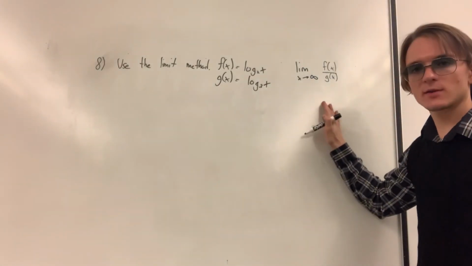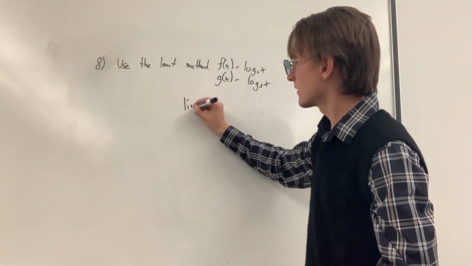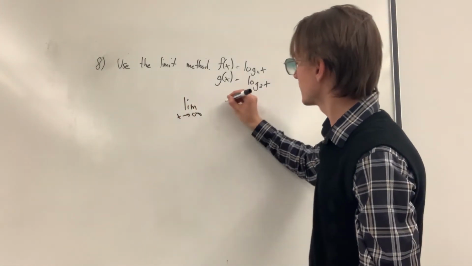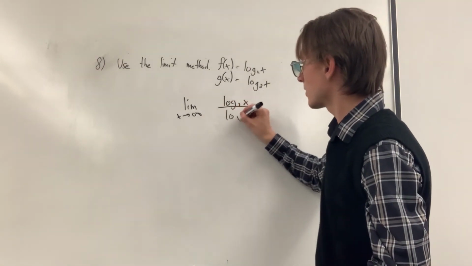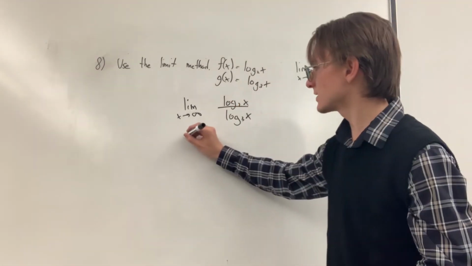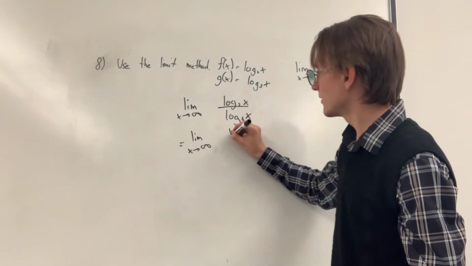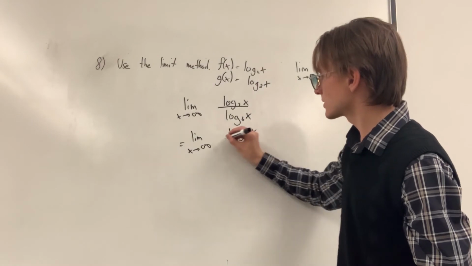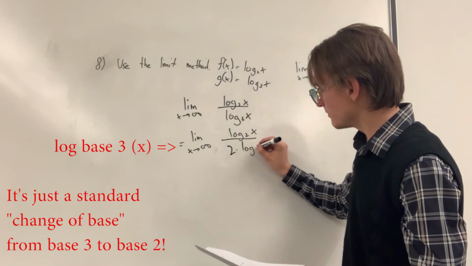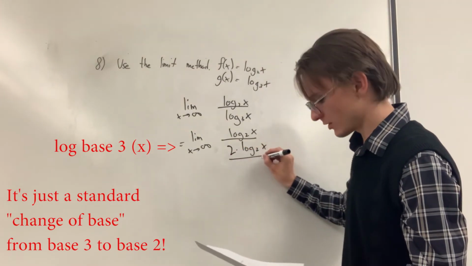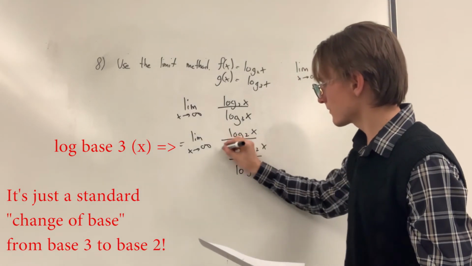We use the limit method with the following rule. We have f of x and g of x. So we get the limit as x goes to infinity of log base 2 of x all over log base 3 of x. This is just equal to the limit as x goes to infinity of log base 2 of x all over log base 2 of x over log base 2 of 3.